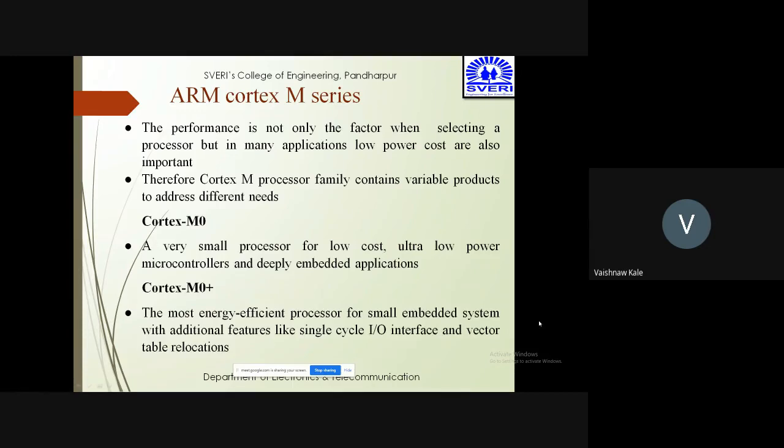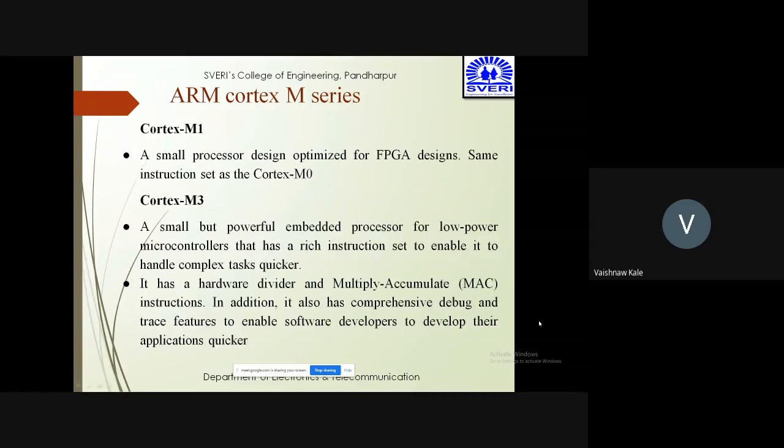So in the series, Cortex M0 is the first one. A very small processor for low cost, ultra low power microcontrollers and deeply embedded applications. Then Cortex M0 Plus is a more energy efficient processor for small embedded systems with additional features like single cycle IO interface and vector table relocation.